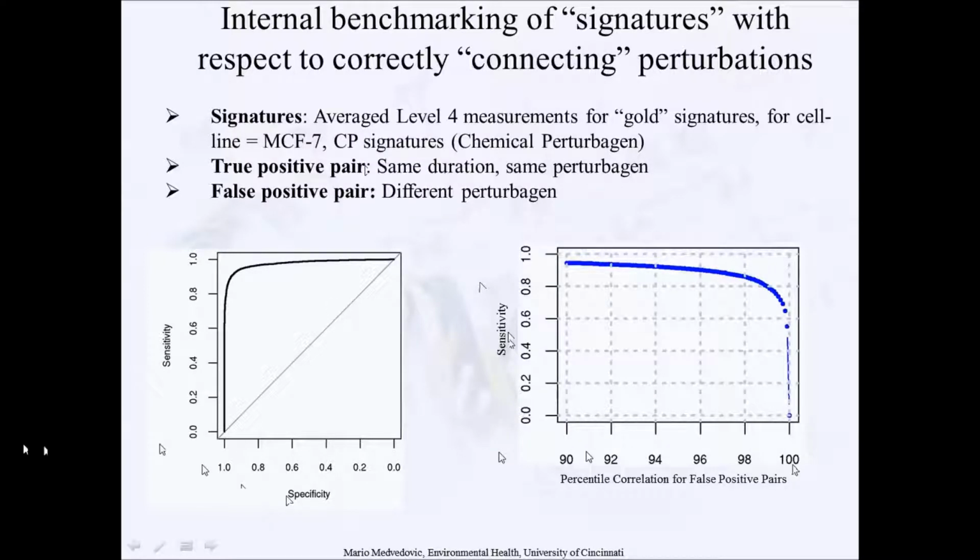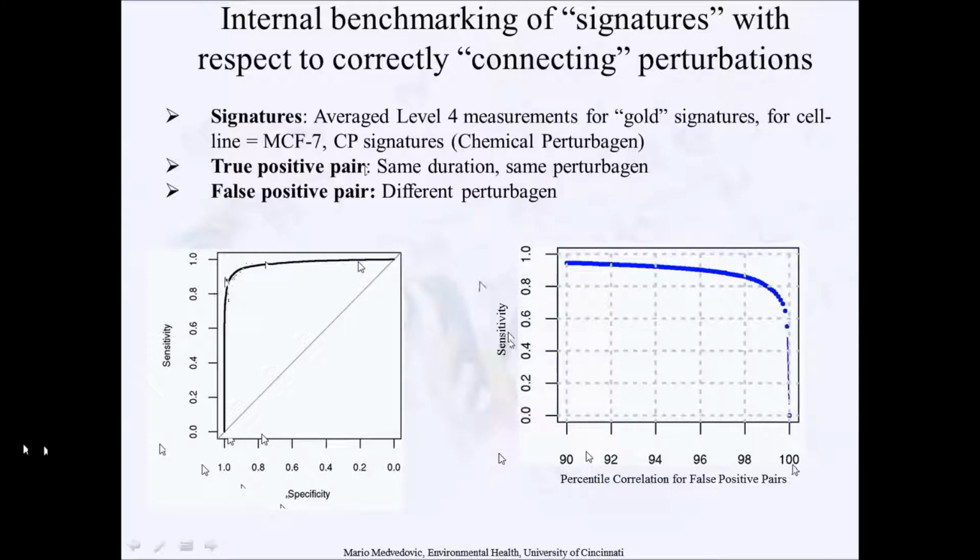And if you run a typical ROC curve, it turns out that it's very highly precise, this separation between true positive pairs and false positive pairs.